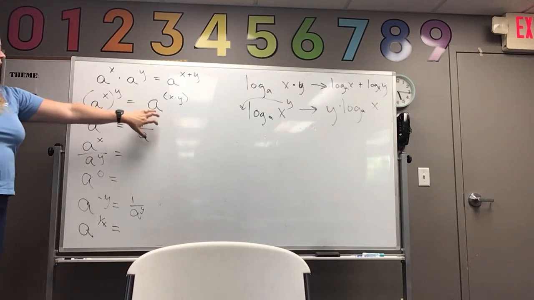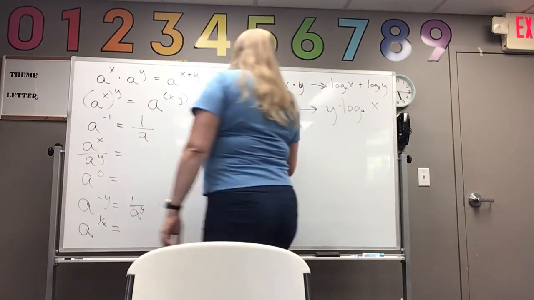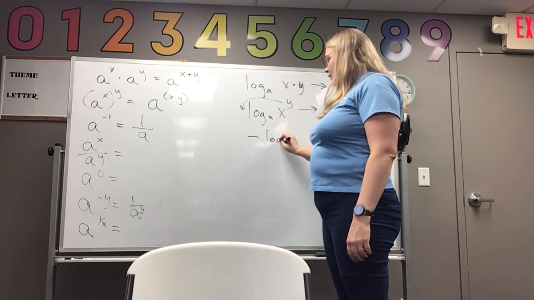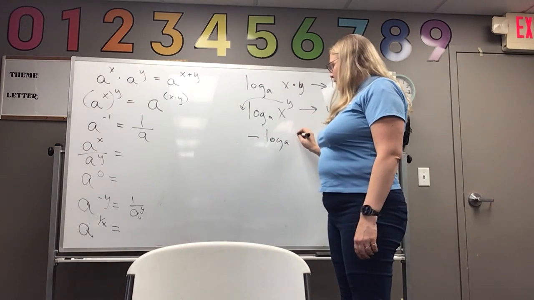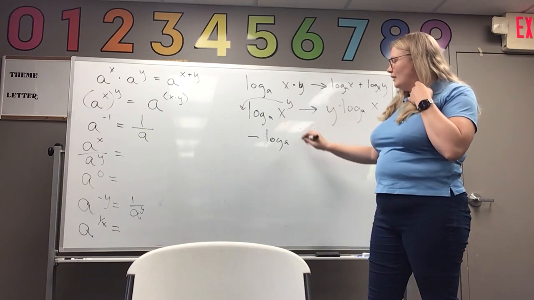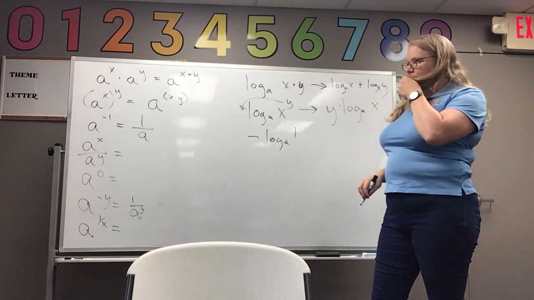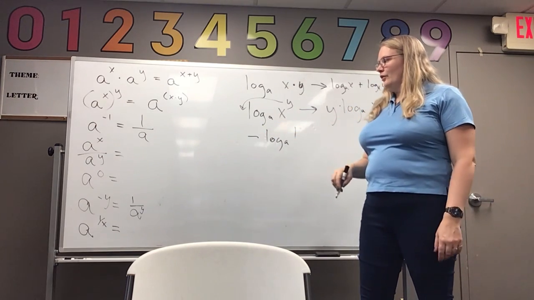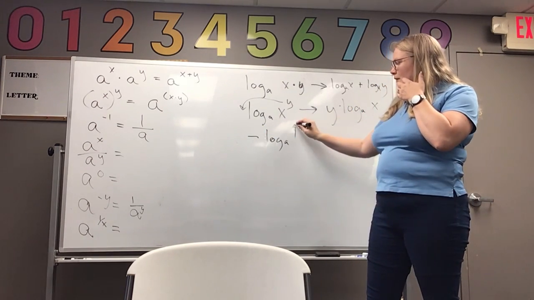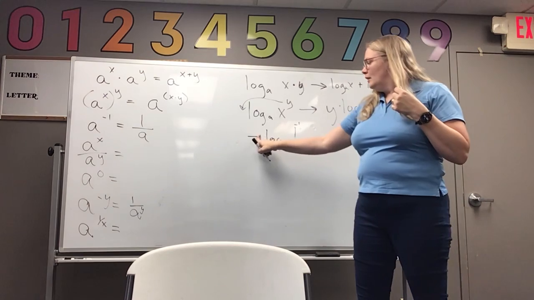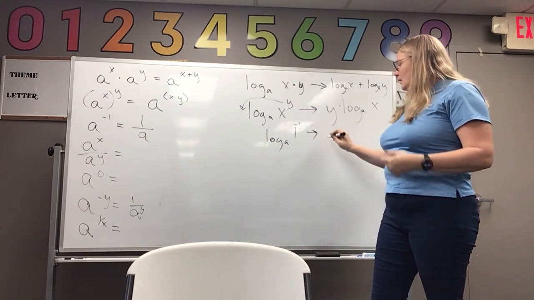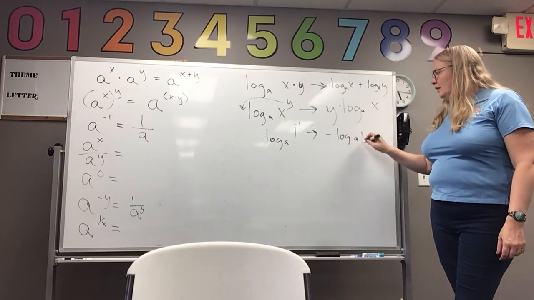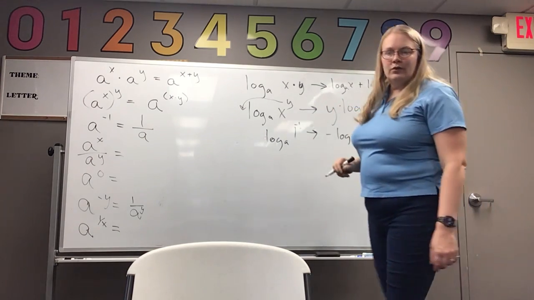And on logarithms, it's just going to make it into the coefficient. So we have negative log, in this case of 1. And so it just brings that negative forward. You don't necessarily have to write this one. It's just an application of those.